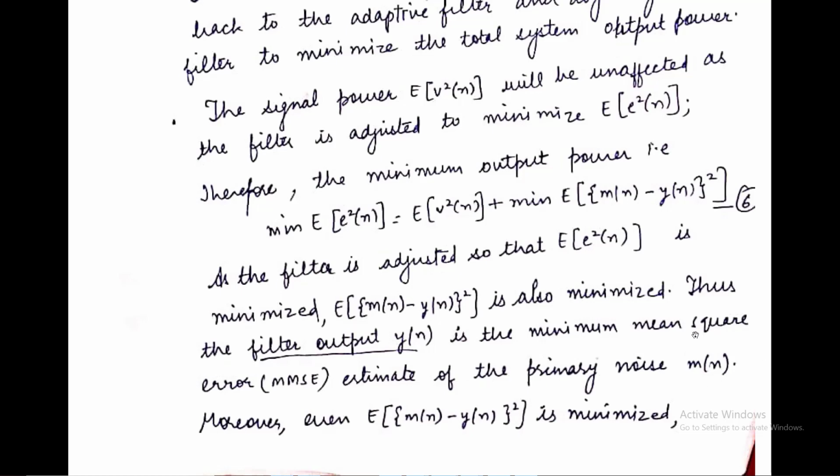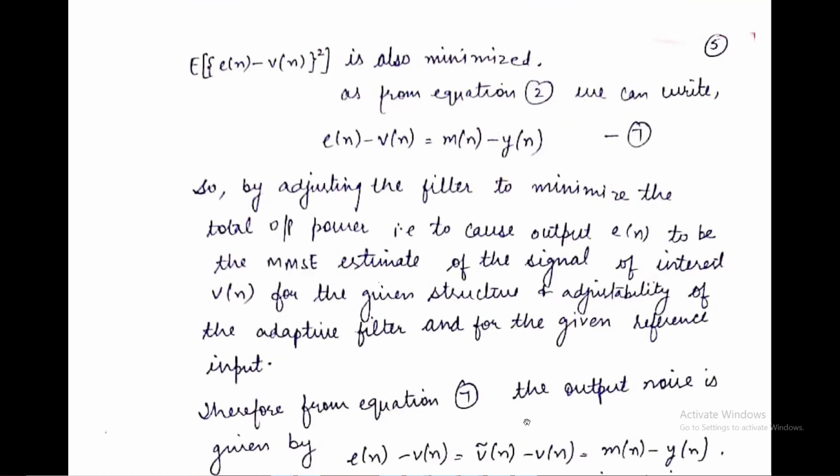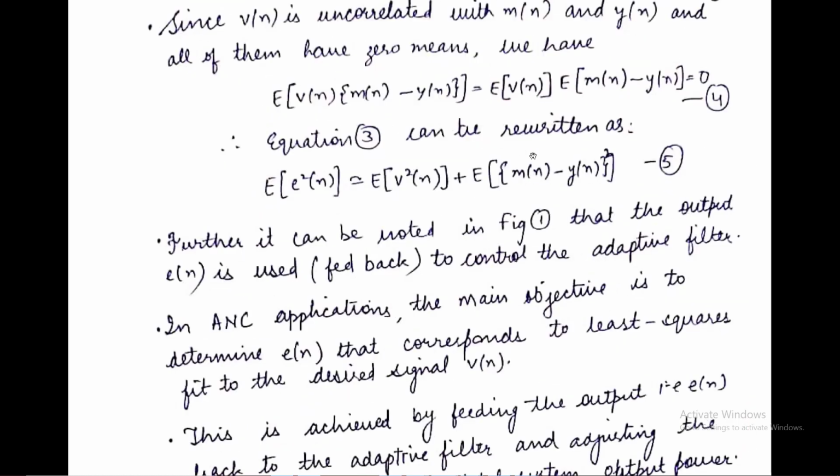that is Mn. Moreover, even if this expectation of (Mn minus Yn) whole square is minimized, En minus Vn will also be minimized, as from equation 2 we can say En minus Vn is equal to Mn minus Yn. If you want, we'll just go through equation number 2 again.